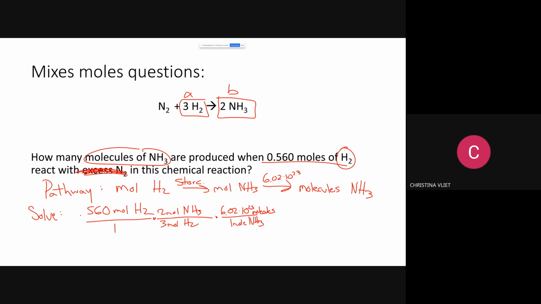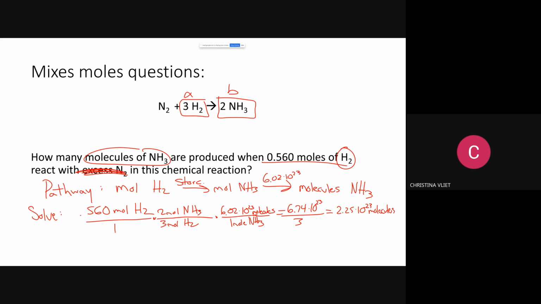So I said, it's usually better to set it up so that you remember what to do. So it's 0.560 times 2 times 6.02 times 10 to the 23rd for the top, which gives me 6.74 times 10 to the 23rd over 3. Divide those two, and I get 2.25 times 10 to the 23rd molecules.